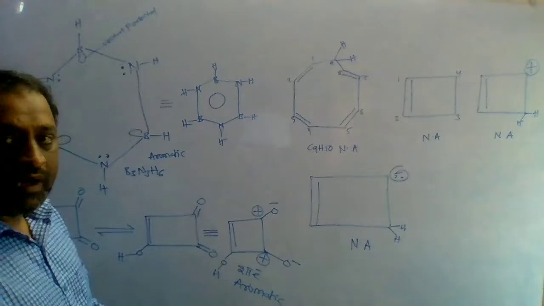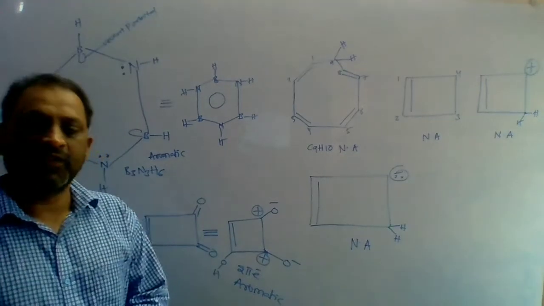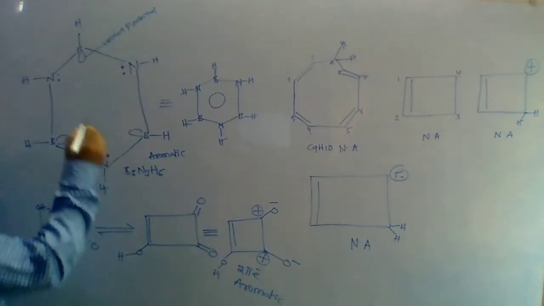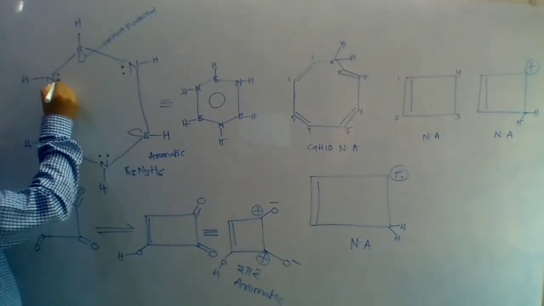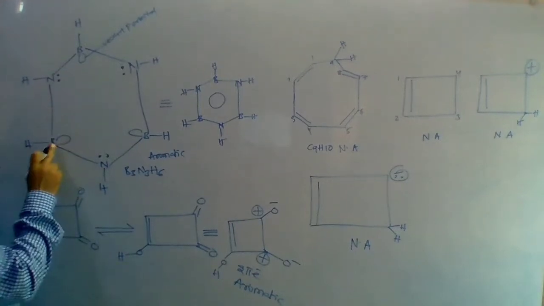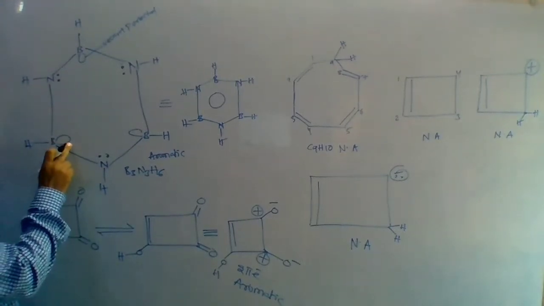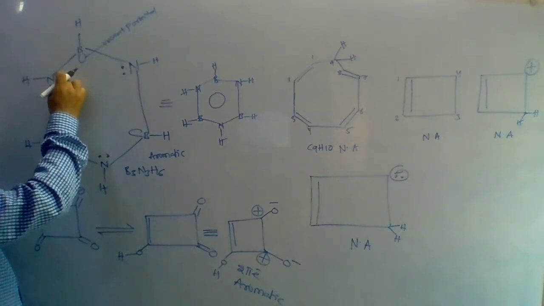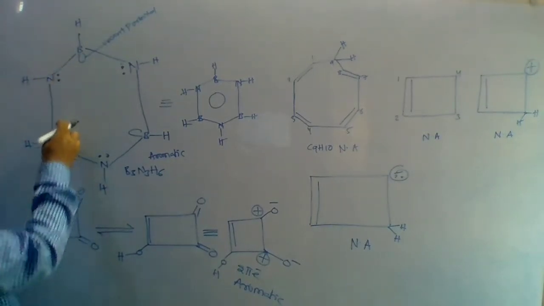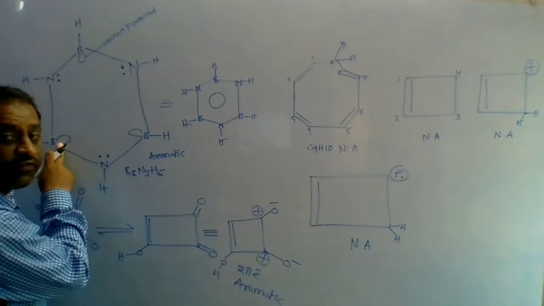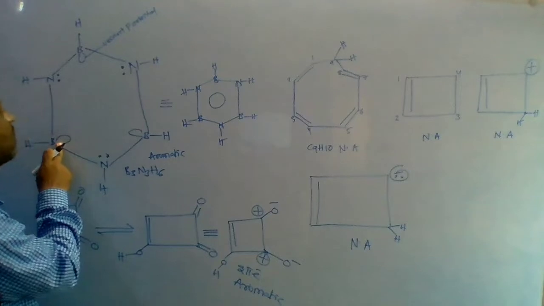Inorganic benzene or borazole, molecular formula B3N3H6. Here nitrogen has one lone pair of electrons, non-bonded electrons. Boron atom has one vacant p orbital. Here nitrogen donates a pair of electrons to the vacant orbital of boron, which leads to the formation of a pi bond.